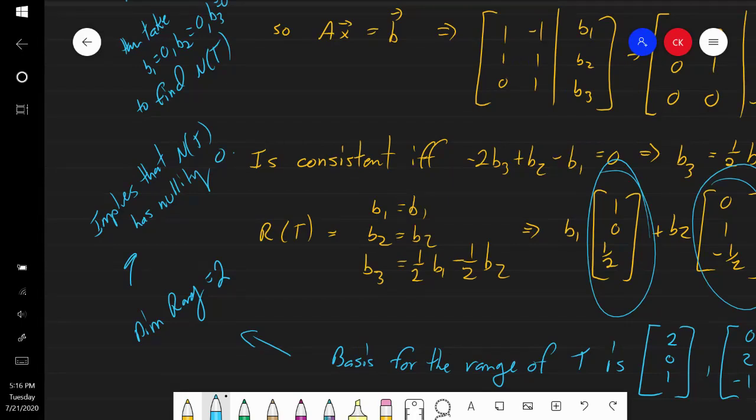So that just confirms that the dimension of the null space should be equal to 0, which is what we also already found. So we get a nice little confirmation on that as well.